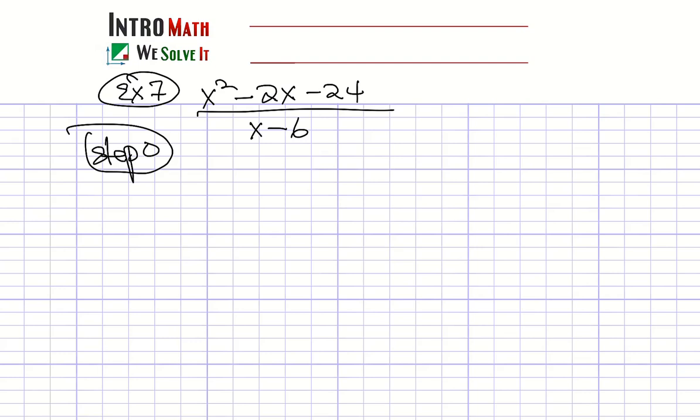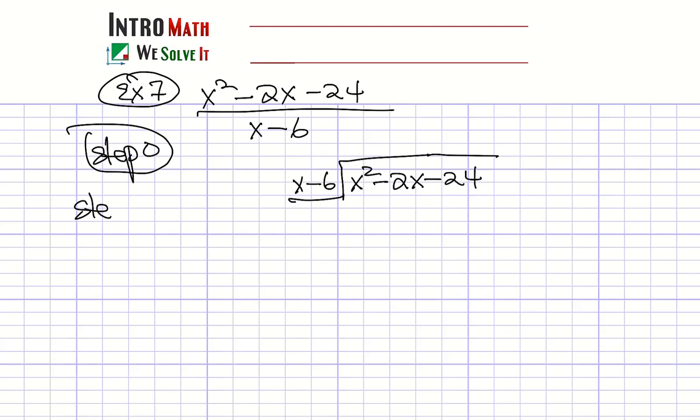So you said right there that this is x squared minus 2x minus 24, right? You do it like that, and you put this here, and then step 0 is completed.